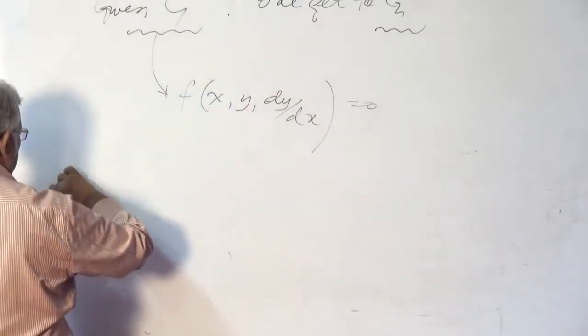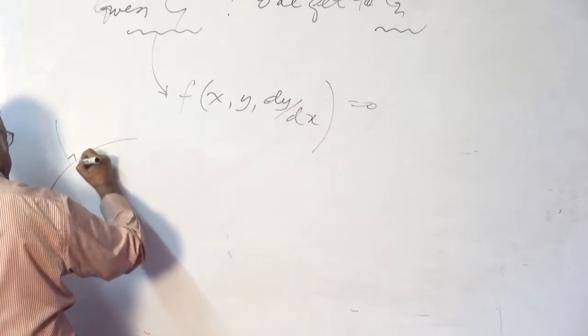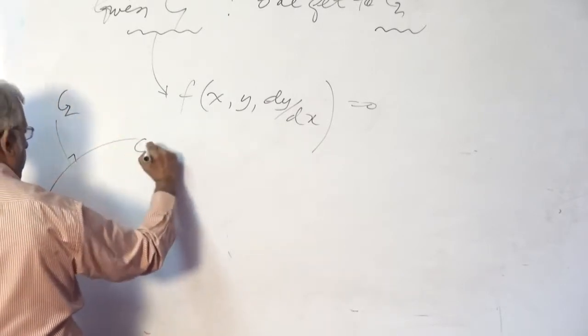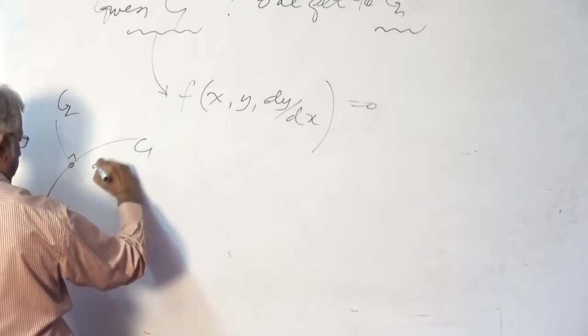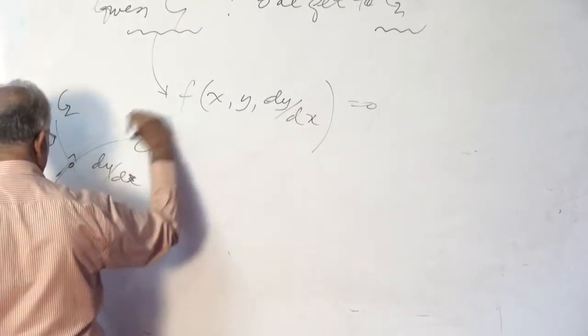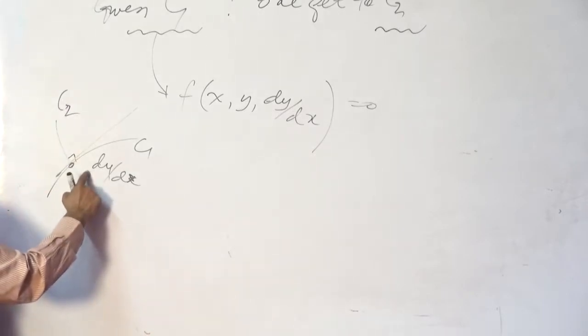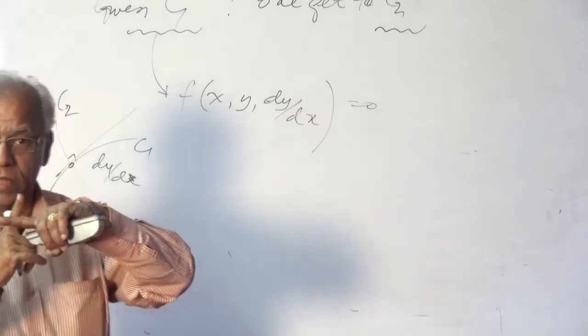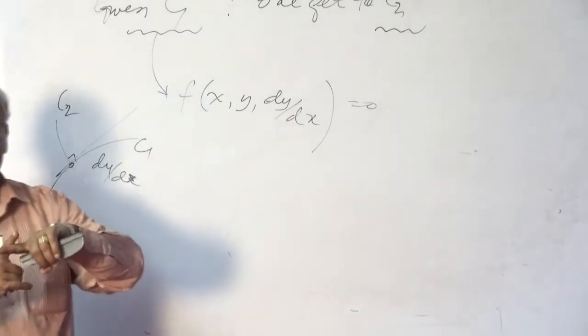If we have one member of C1 intersecting another member of C2 perpendicularly, if here the slope is dy/dx, then evidently the slope for this curve is -1 by dy/dx for C2, because lines that intersect each other have slopes which are related by m1 m2 = -1.